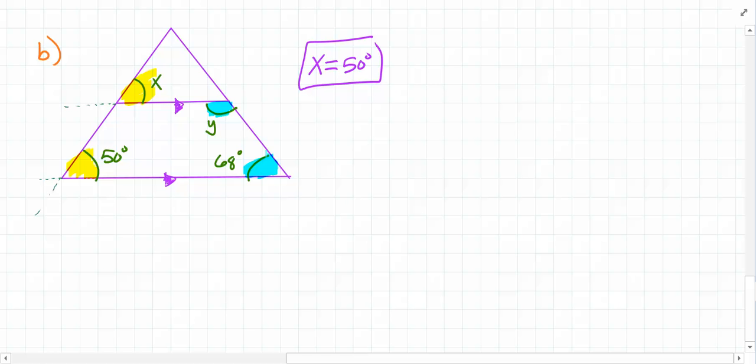What do we know about them? They're supplementary. So it must be true that y plus 68 degrees equals 180 degrees. So y must be 180 degrees minus 68 degrees. How much would that be? Anybody out there? 112 degrees.